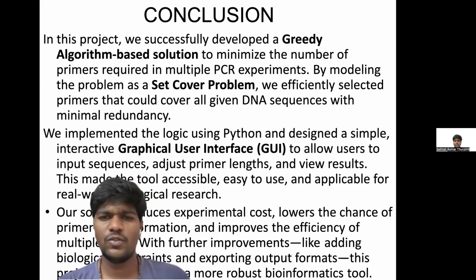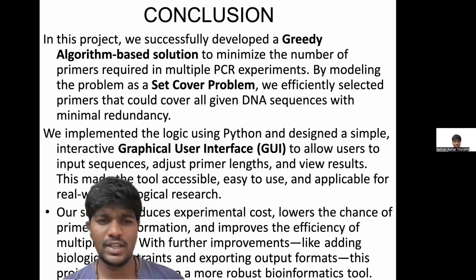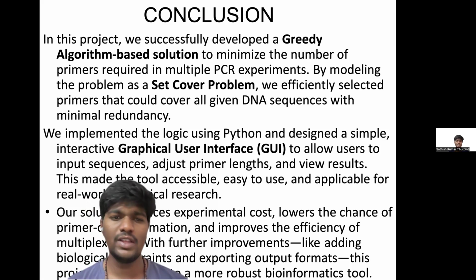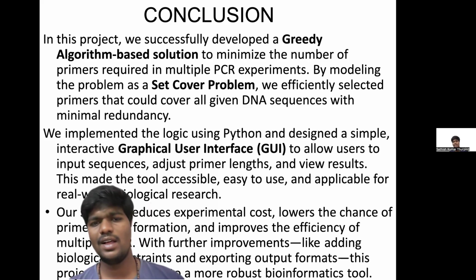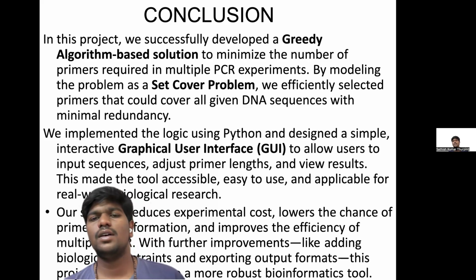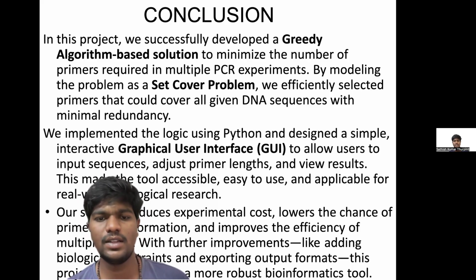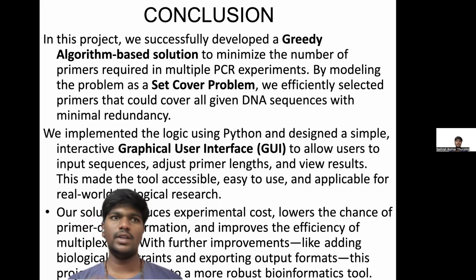To summarize, we developed a fast, simple solution to reduce the number of primers in PCR using a greedy algorithm. We built an interactive GUI and tested it successfully with the sample data. Actually, the GUI part is not with me currently. It's with my friend Srikanth. He will show you the GUI part in his video.